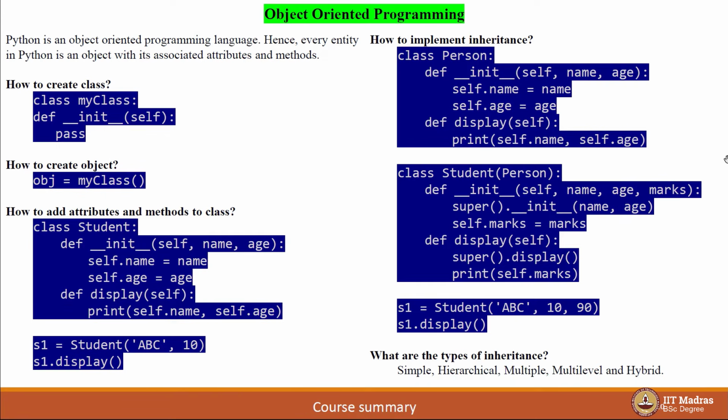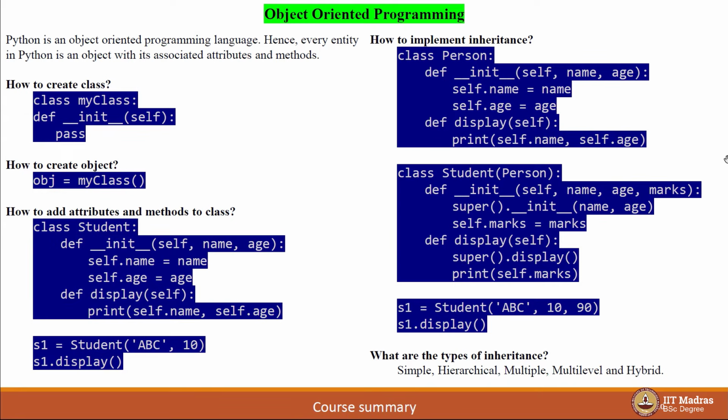A class is created using a keyword called class, whereas an object can be created using a constructor of a class. Every class can have attributes and methods. These attributes can be initialized using a special method called init.